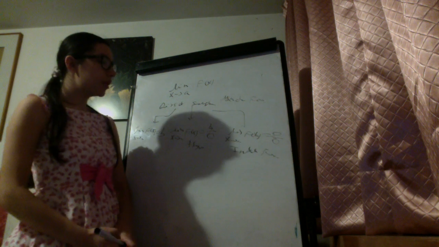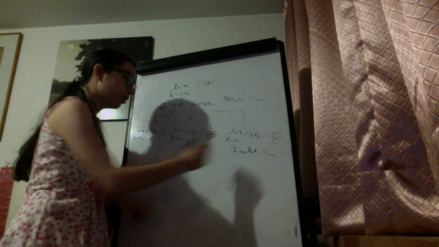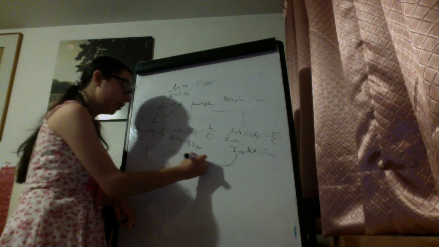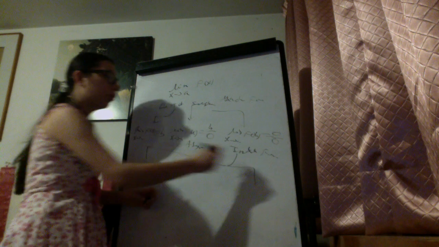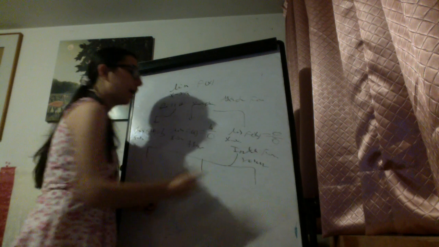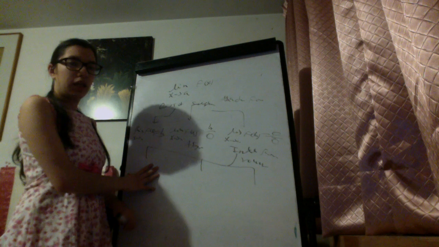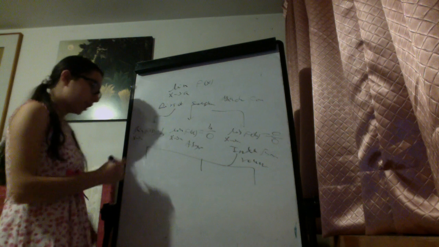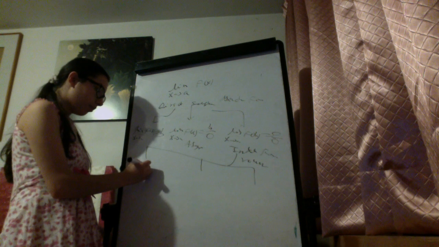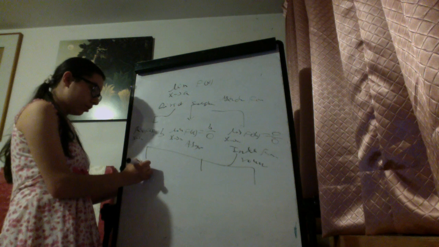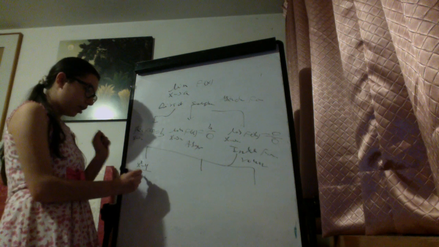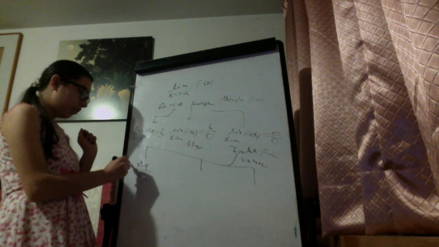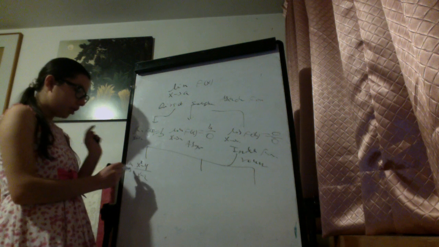So when we have 0 divided by 0, we need to do mainly three things. First, we try to rewrite the limit as something that we can factorize. Let's say we have x squared minus 4 divided by x minus 2, the limit as x approaches 2.